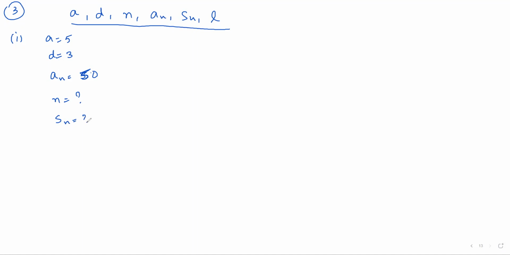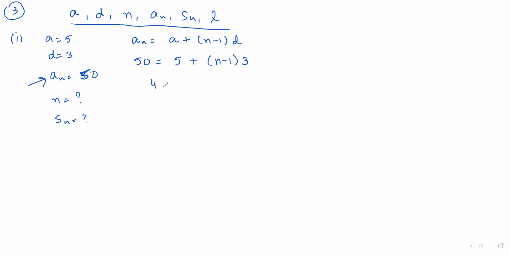You have to start from there. Now you can see AN is given to me, correct? So you start with the AN formula. So AN is A plus N minus 1 into D. Now AN is already given, 50 is equal to A, which is given, that is 5 plus N minus 1, D is also given. So this will give you N.